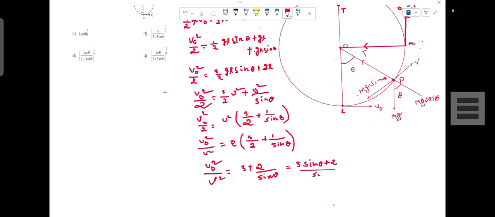That is the ratio of v naught square by v square.